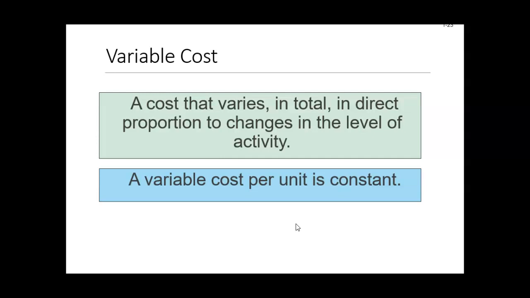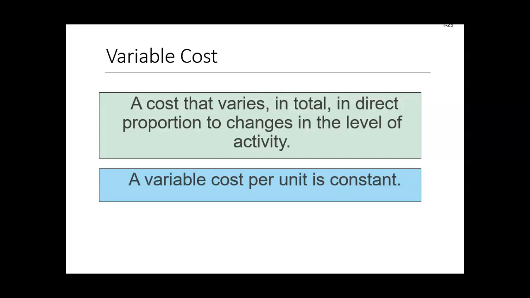So let me give you a very quick example. Let's say you're at a parking meter, okay? And the cost is $1 per hour to park at that parking meter. So the variable cost is constant at $1 per hour, but the total cost depends upon how many hours you are at that parking meter.